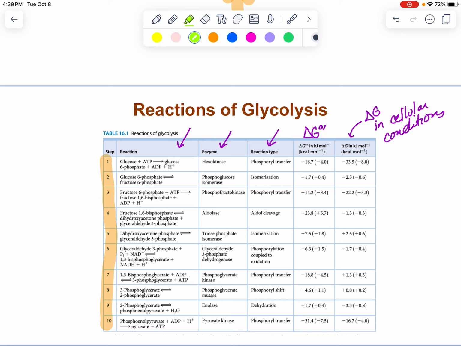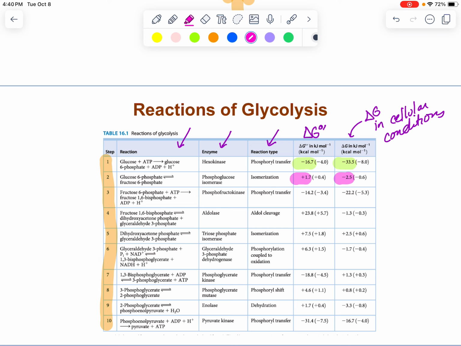Look at this. This one would give off 16.7 kilojoules per mole standard, but in cellular conditions, it gives off over 33 kilojoules per mole. This one would actually be endergonic under standard conditions, but is exergonic under cellular conditions. All right, so those cellular conditions can really make a big difference.